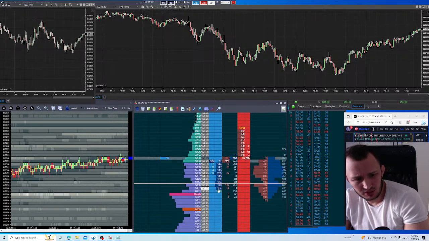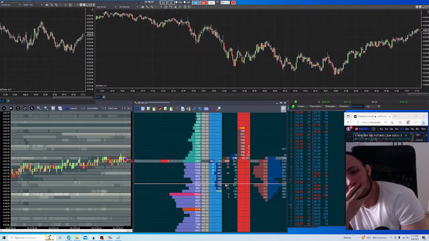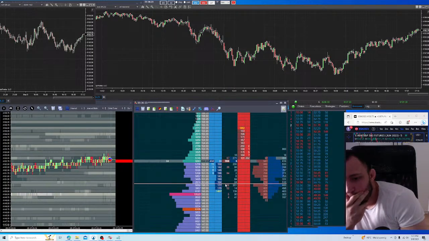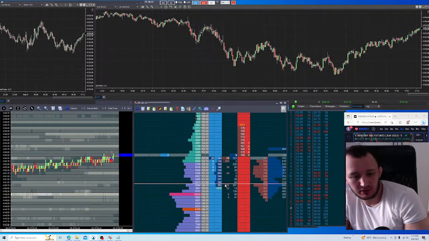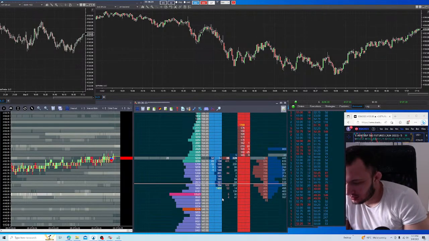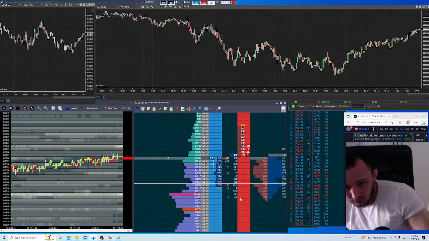Should have exited my short around here when I was still in profit, to be honest, and re-entered long. Would have been the best thing to do here. The 49s here.